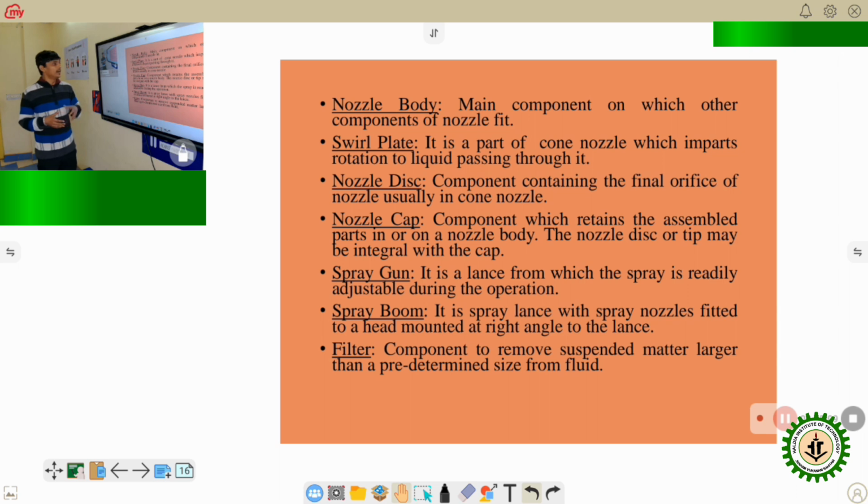Apart from this, there is a nozzle disc, a nozzle cap, and the spray gun, which is part of the lance and can be adjusted during operation. There is also the spray boom, and a filter to remove dirt particles from the spraying liquid, because dirt particles can cause obstructions in the sprayer.